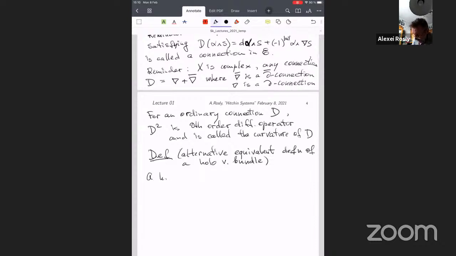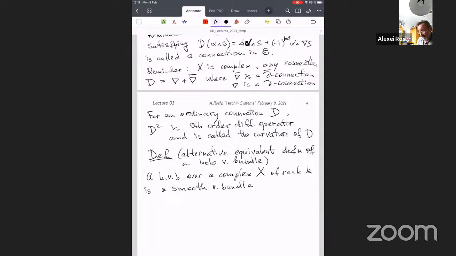A holomorphic vector bundle over a complex manifold X of rank K again is a smooth vector bundle of the same rank, a smooth vector bundle with complex fiber.